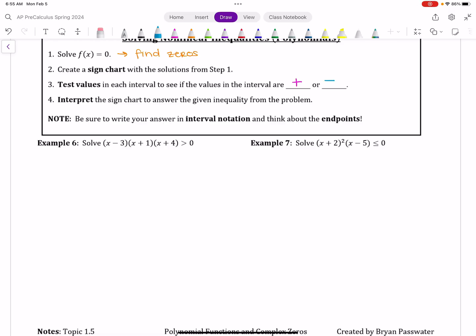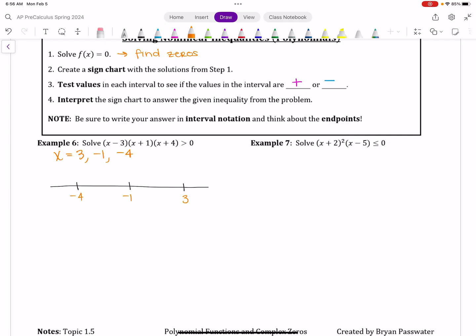So, for example, we have our first polynomial, which already is factored for us. So we can see we have zeros at 3, negative 1, and negative 4. So when we create our sign chart, we want to look at those 3 values, and we want to think about what's happening between them.